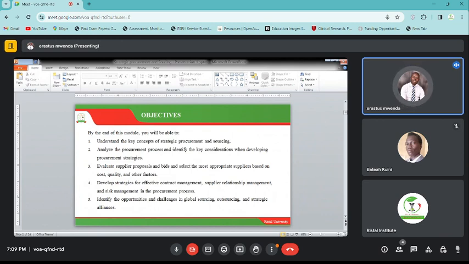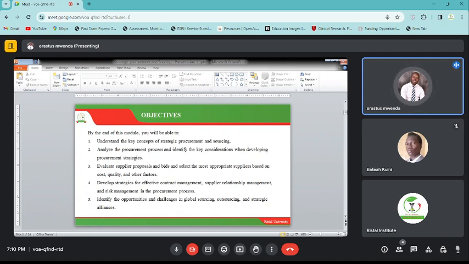Once we do strategic procurement and sourcing, ideally through the processes, we will be able to mitigate various risks that are associated with various supply chains. For example, issues to do with natural disasters. An example is what happened during COVID-19. Countries and companies got into trouble and they were unable to source for materials simply because that is a risk that no one had anticipated was going to happen.